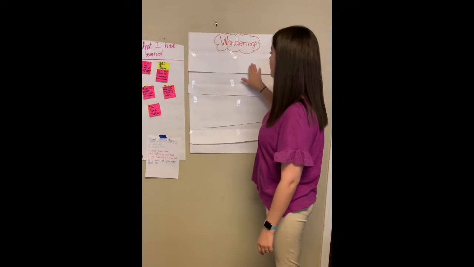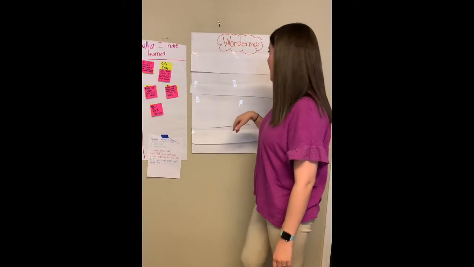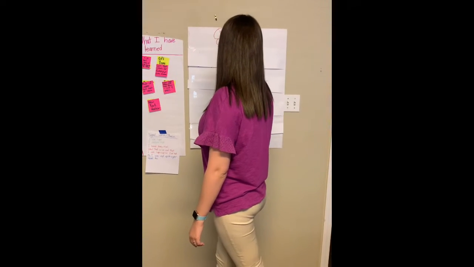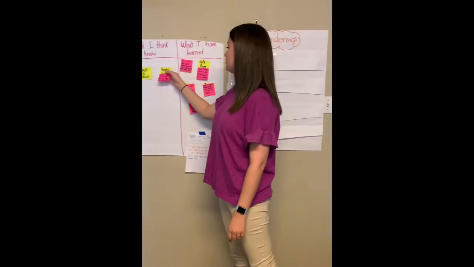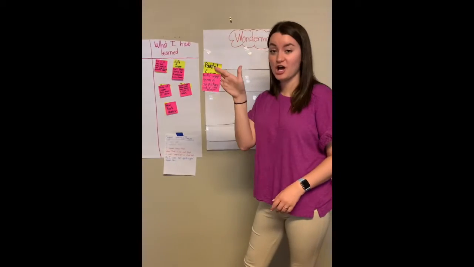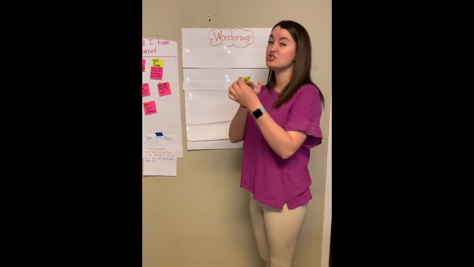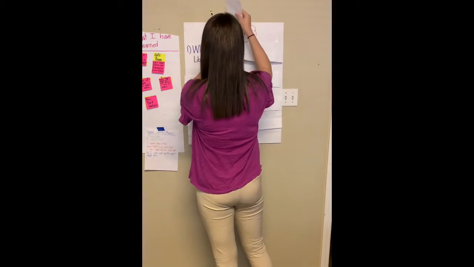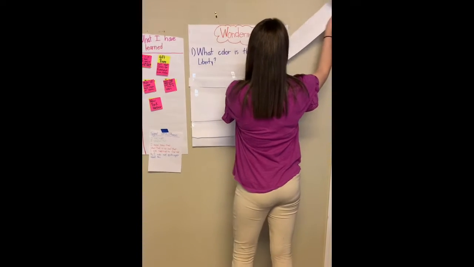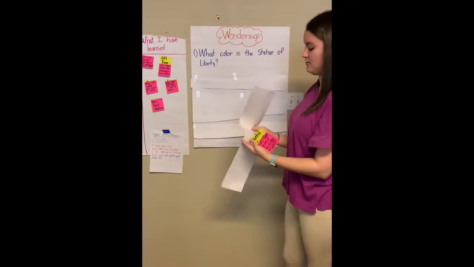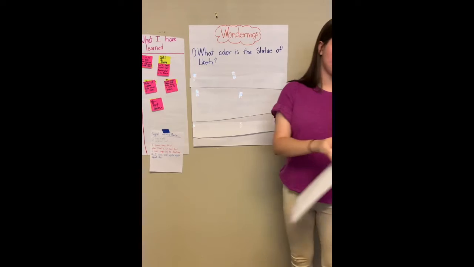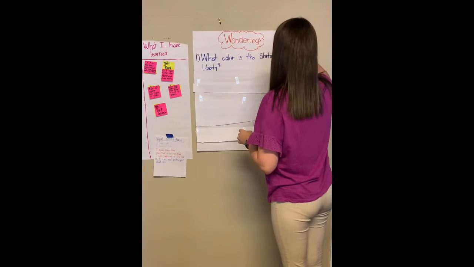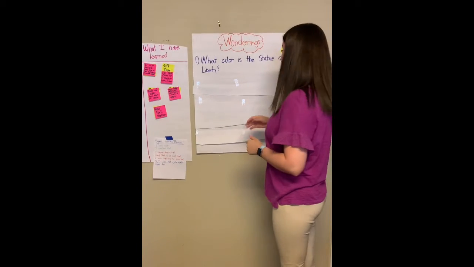So now on my wanderings chart, I was still curious about what color the Statue of Liberty truly is. So I have that question. What color is the Statue of Liberty? And I can even put my sticky note right here to remind me.